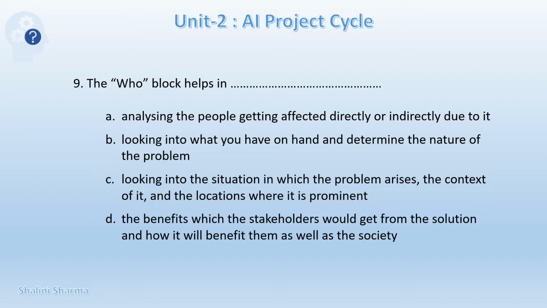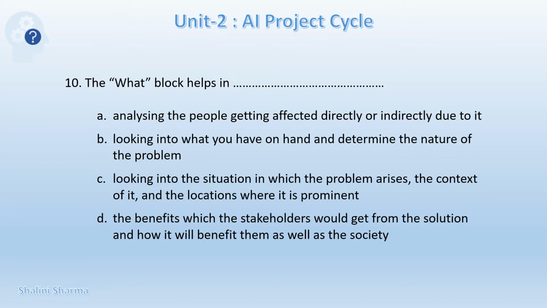D. The benefits which the stakeholders would get from the solution and how it will benefit them as well as the society. The correct answer is option A. The WHO block helps in analyzing the people getting affected directly or indirectly due to it.